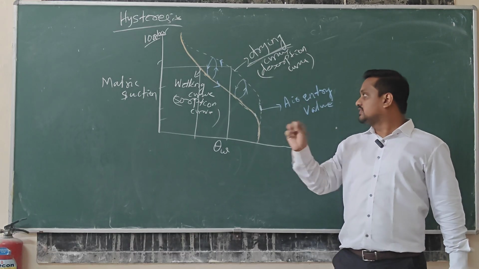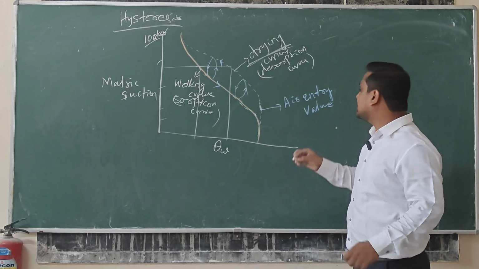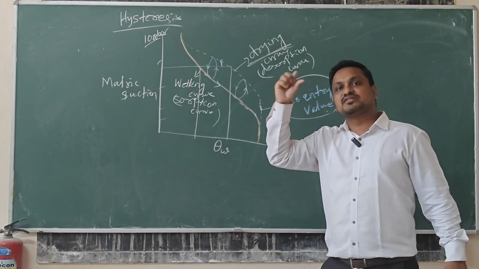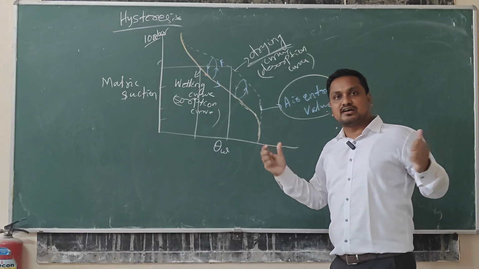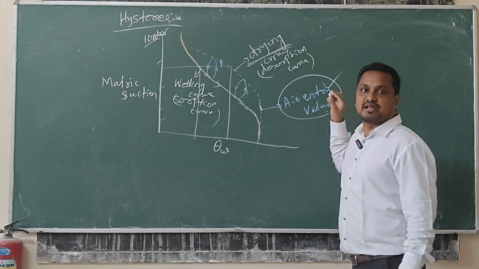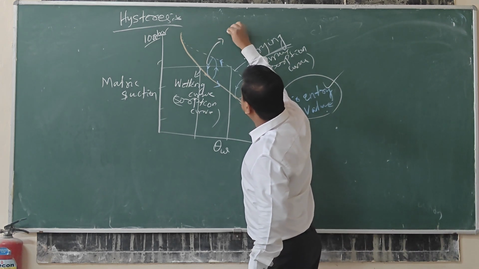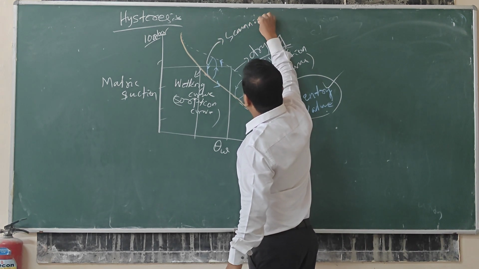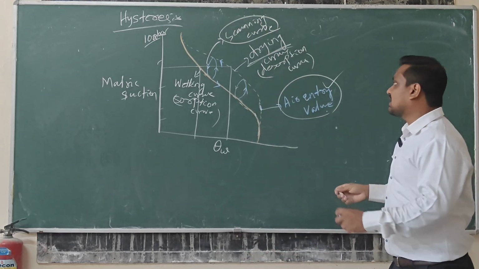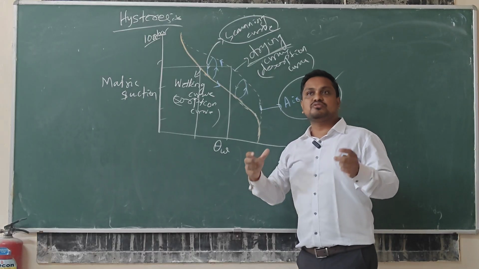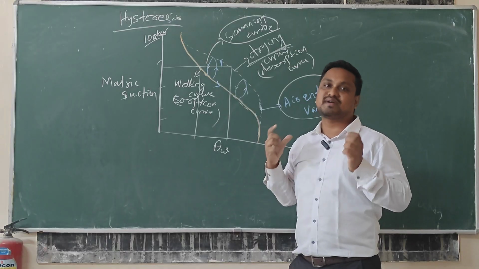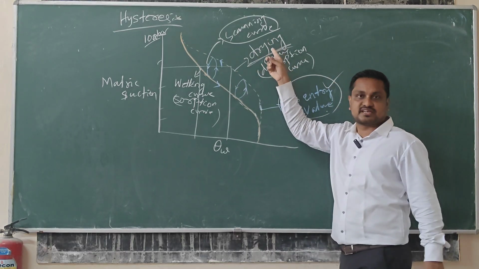So this value is called the air entry value, or you can say the threshold limit. After reaching this threshold limit, when more suction is given and water is removed, this is called your air entry. And why these scanning curves? In soil, you normally do not always get saturated or completely dry soil. You get partially wetted or partially dry soil. That's why the scanning curves are there.